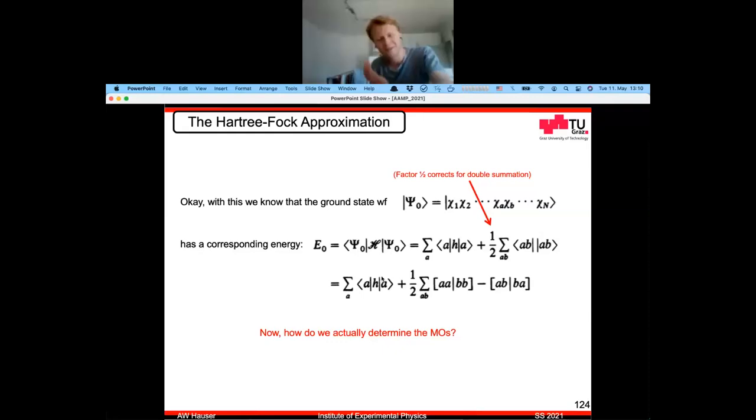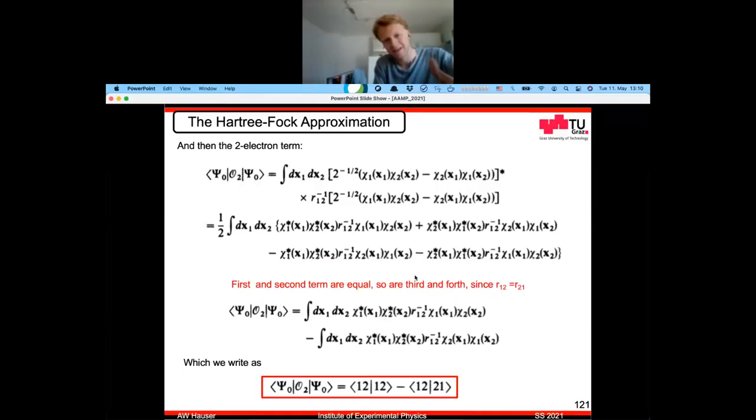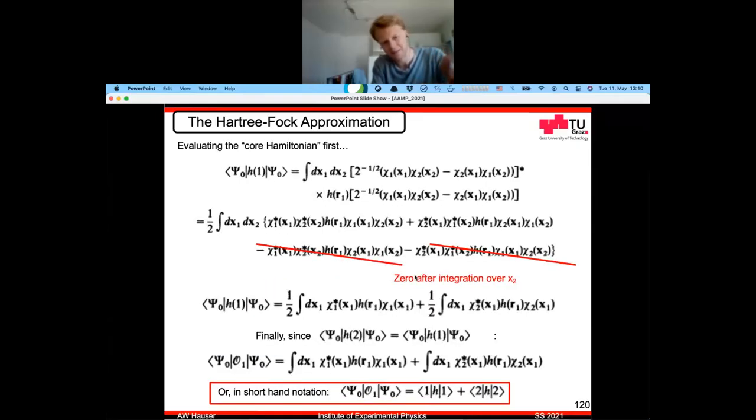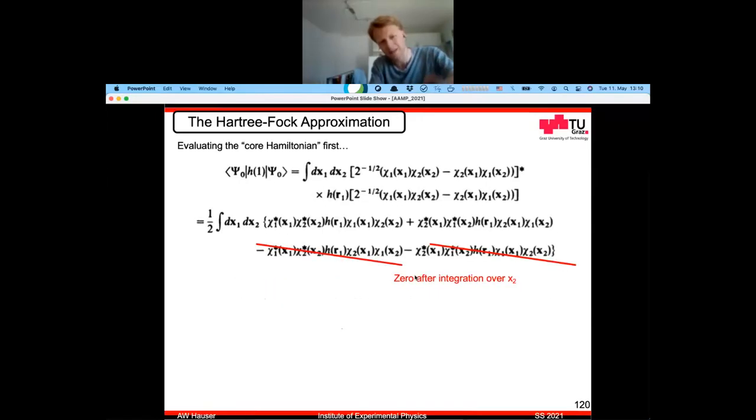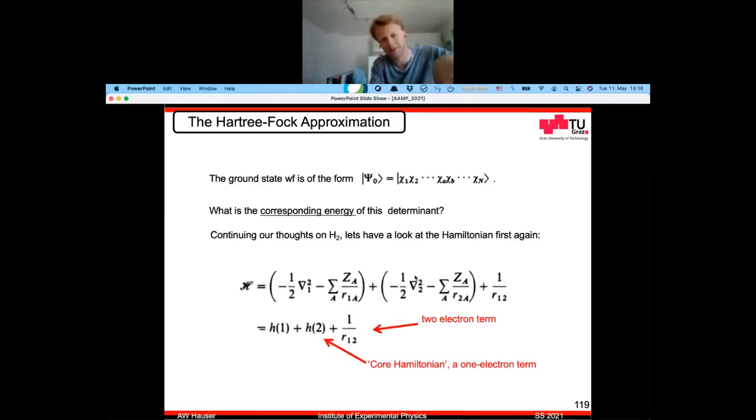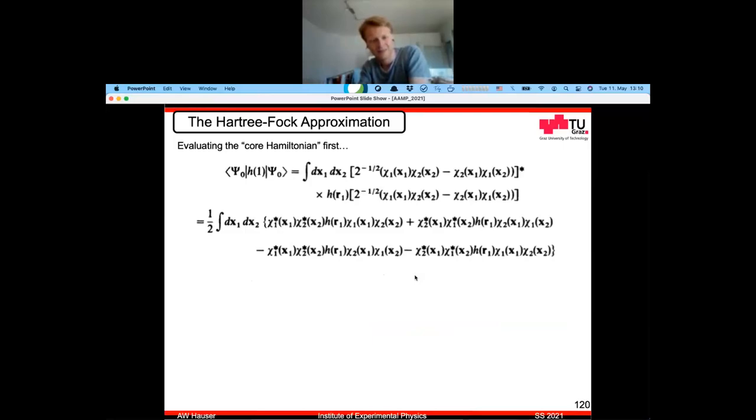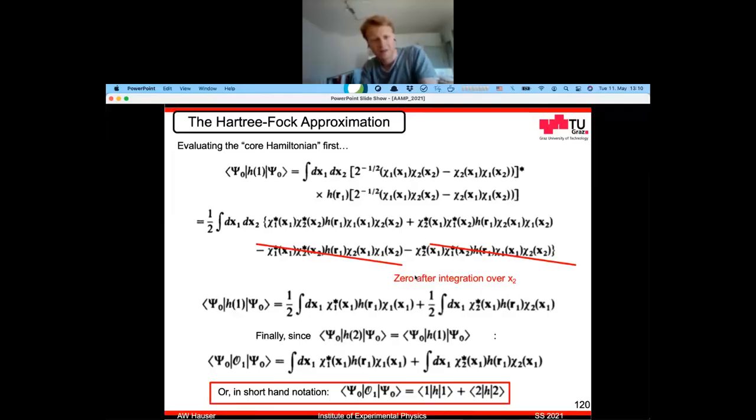But if you could go back to the original form of the Hamiltonian that we had, the total Hamiltonian has an H1 and an H2, and on the next slide, a step further, in the third line from below, we have these two terms.